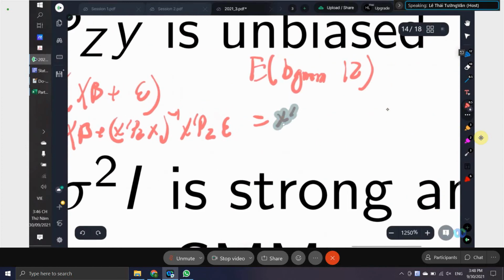It will be equal to beta plus the expectation of (x prime Pz x) to the minus 1.